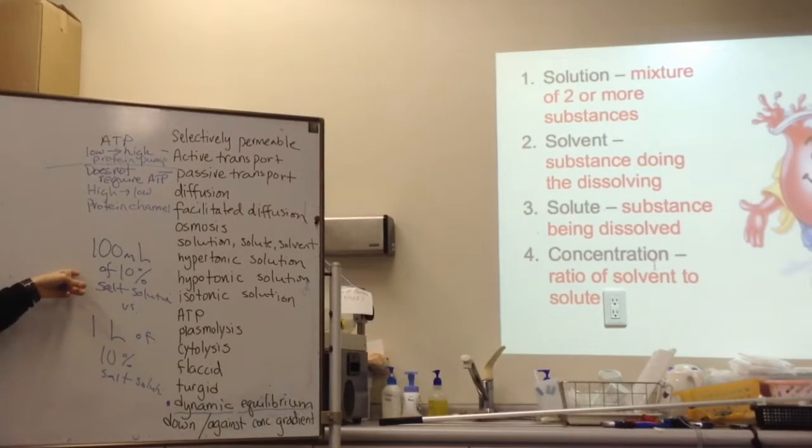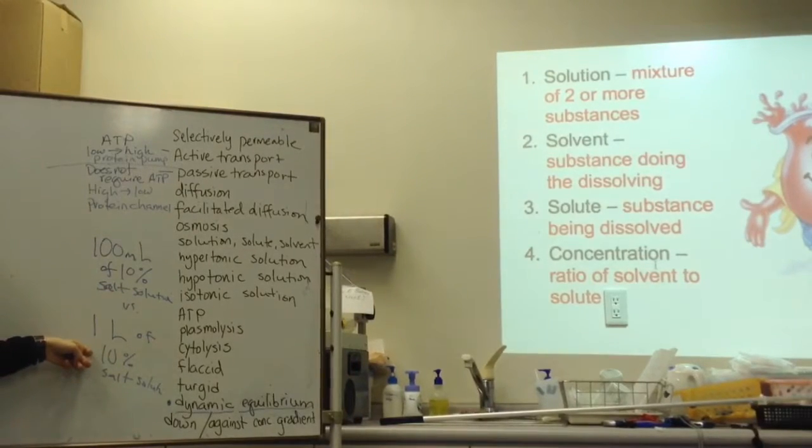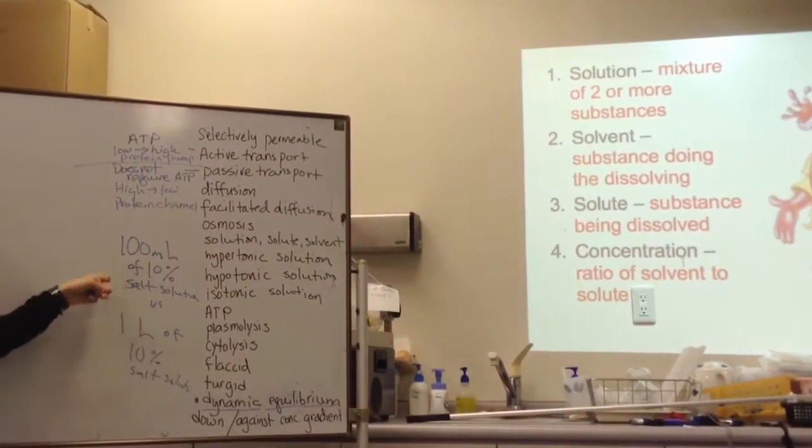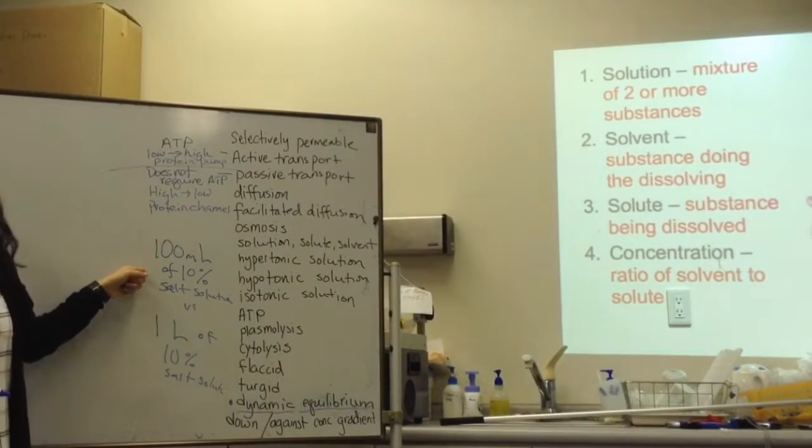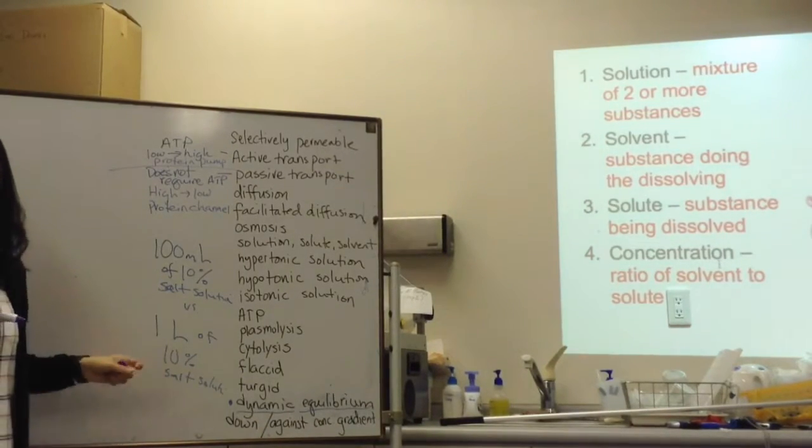Over here, we only need 100 ml, so you take 100 ml of water and put in a smaller amount of salt. If you were to taste it, the saltiness is the same. The volume is different, but the ratio of salt to water is equal in both. That's why it's 10%.